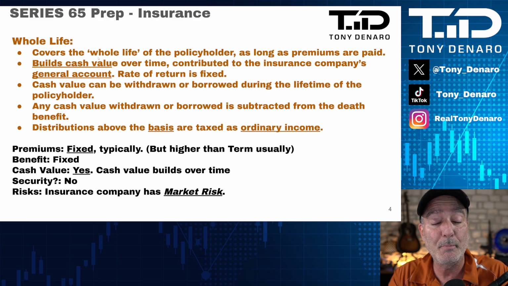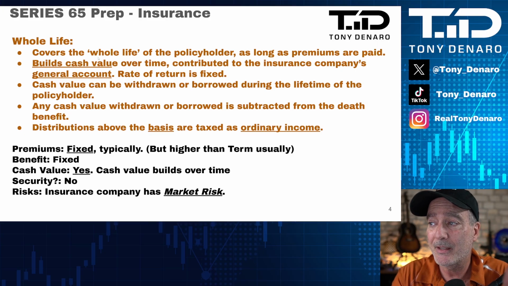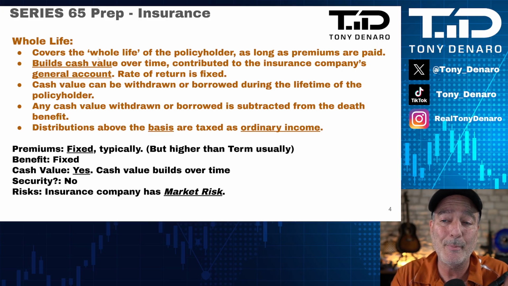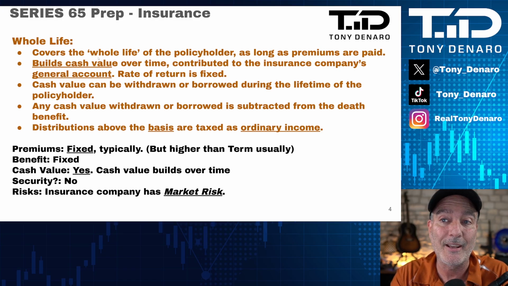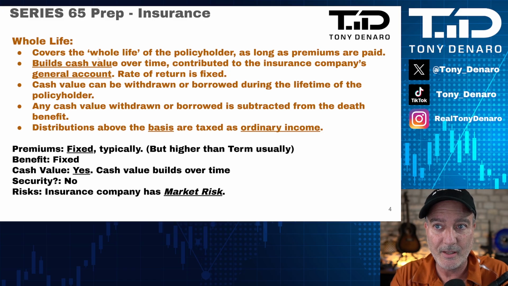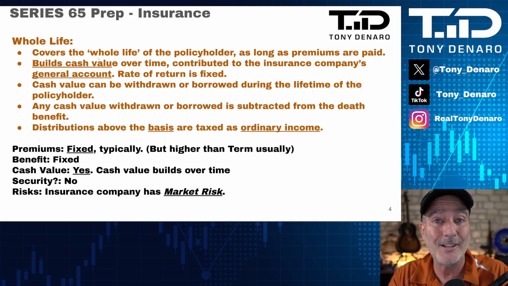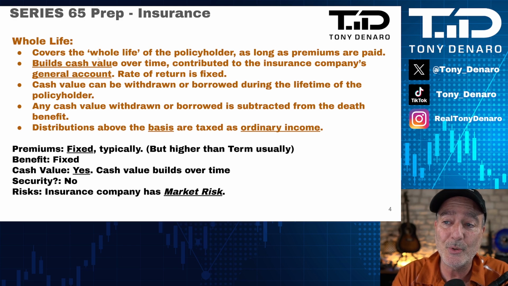It also builds a cash value, and with whole life, that cash value is contributed to the insurance company's general account versus a separate account, which occurs in variable products. Recall back to the more robust discussion we had on this yesterday when we were talking about annuities. So the contributions go to the general account. The rate of return is fixed on the growth of that cash value.